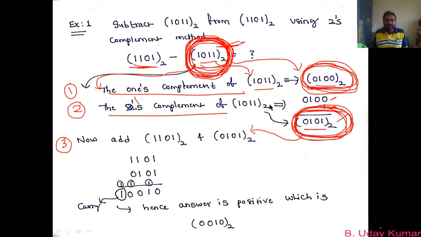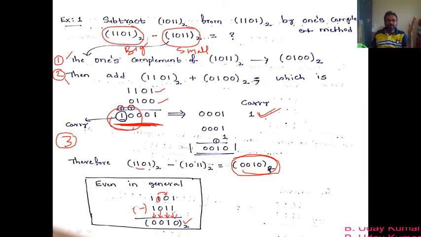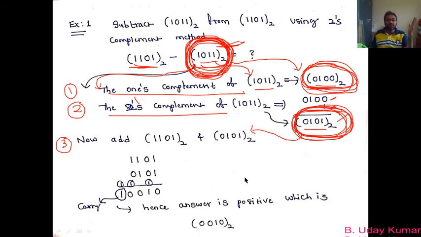Okay, right. So we got the same answer even in the case of the ones complement method, that you can see here. This is the ones complement method's answer, 0010, that we got, and this is the twos complement method answer. So this is what you have to understand. That means actually it consists of 4 steps.